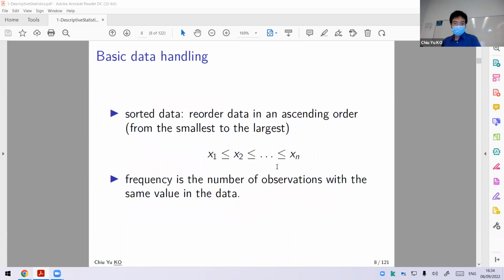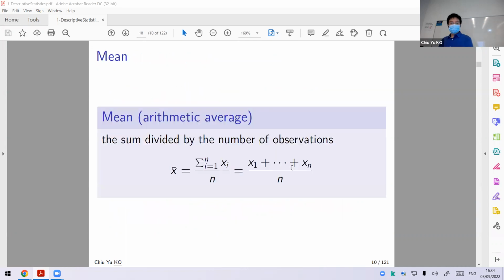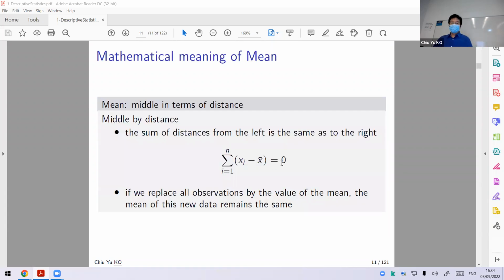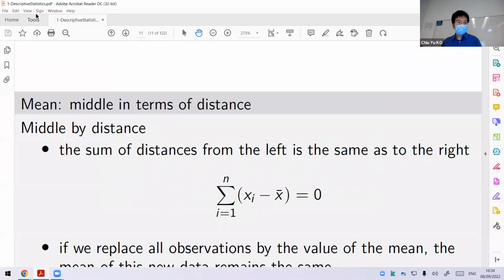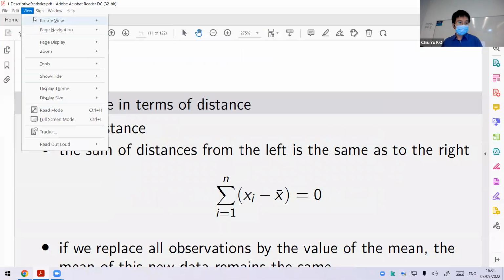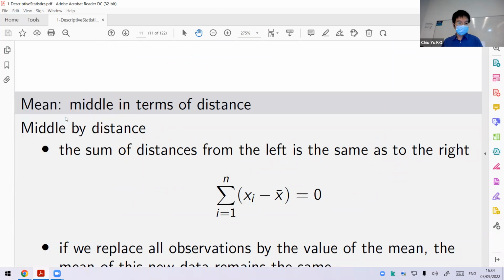Okay. So just a gentle reminder of the mean. Mean is very simple, just adding up the observations over the total number of them. Let me do the full screen.